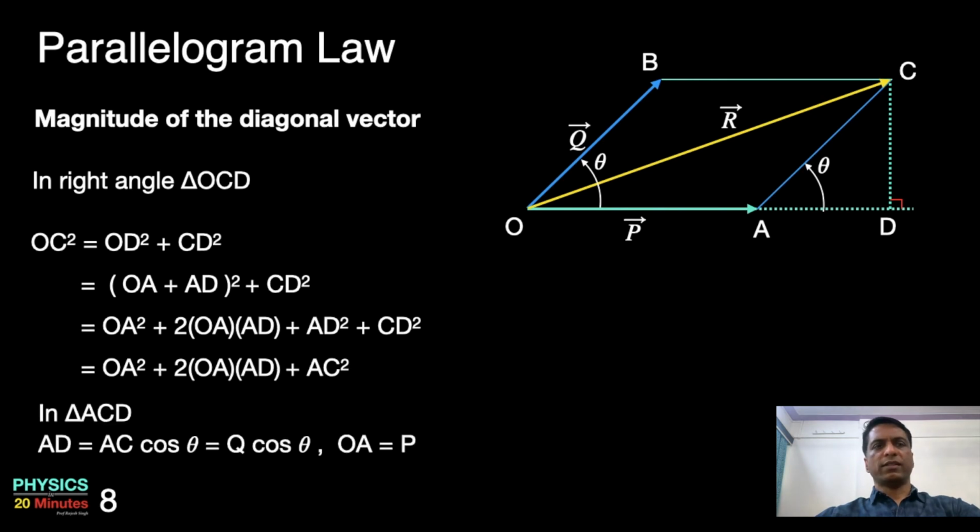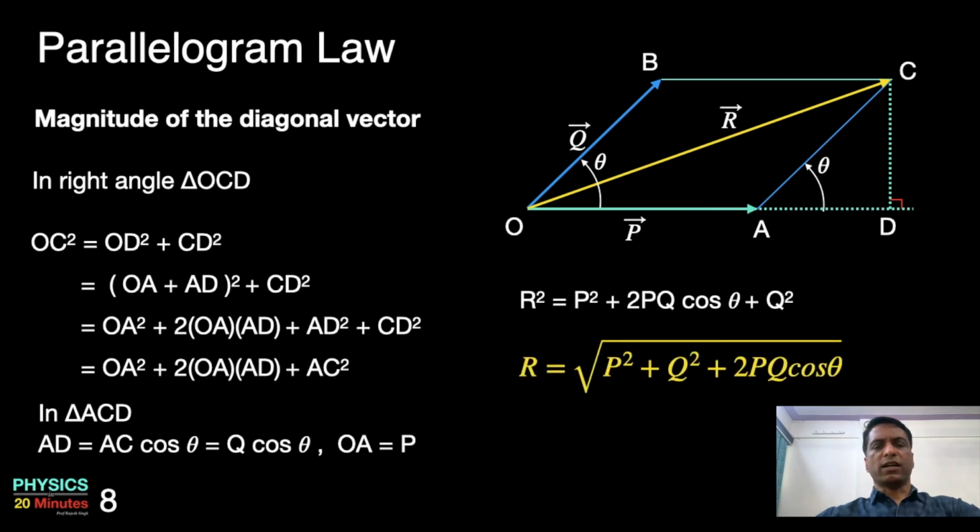Therefore, in triangle ACD, AD is the adjacent side, so it will become AC cos theta, but AC is opposite to Q, therefore it will be equal to Q cos theta, while OA is going to be P. If I take OC as R, then I can write the previous equation as R square is equal to P square plus 2PQ cos theta plus Q square. Therefore, the resultant R is root of P square plus Q square plus 2PQ cos theta.